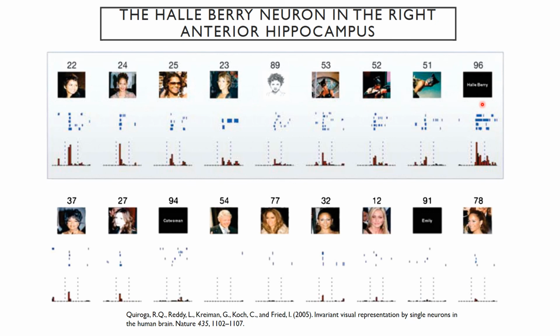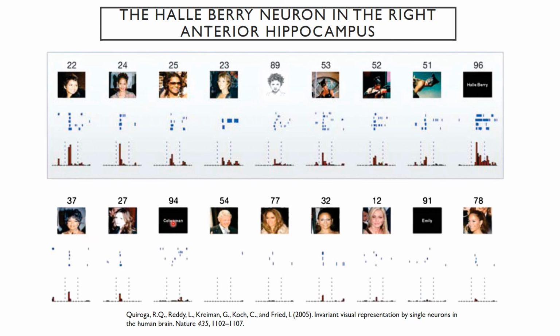So this is a visually sensitive neuron. You have to present some sort of visual stimulus to it, but it's conceptual more than just the straight up visual information. This is a Halle Berry neuron. If you present other stimuli to this neuron that are not Halle Berry related, it actually doesn't respond.